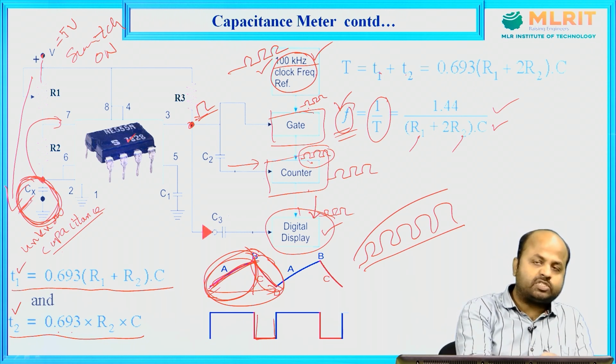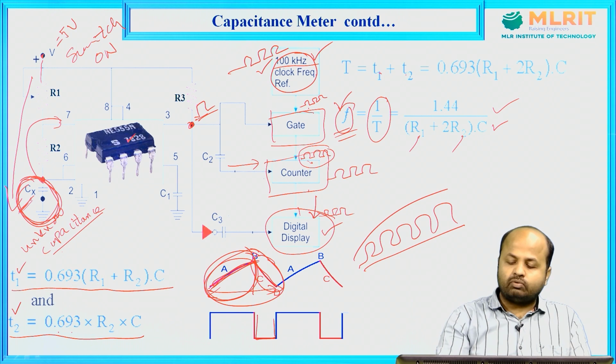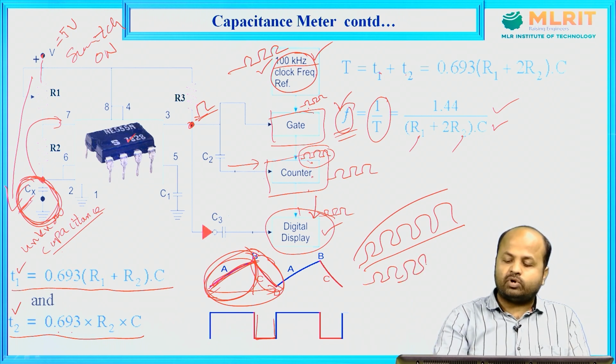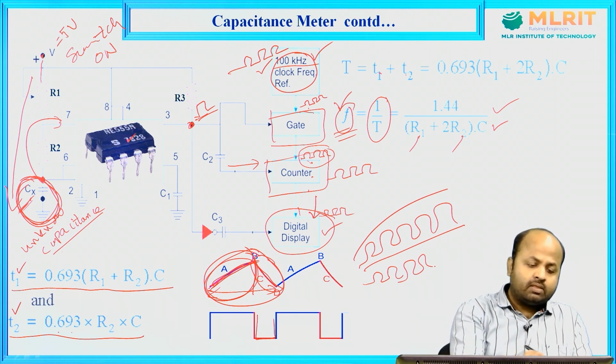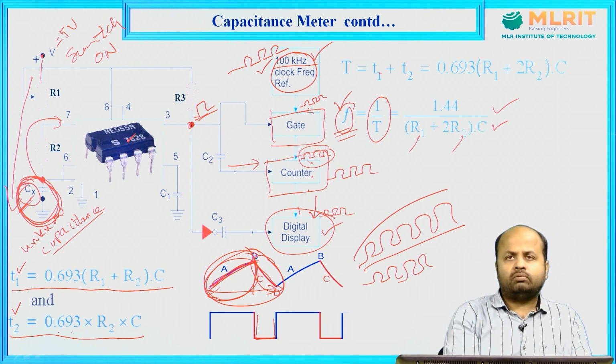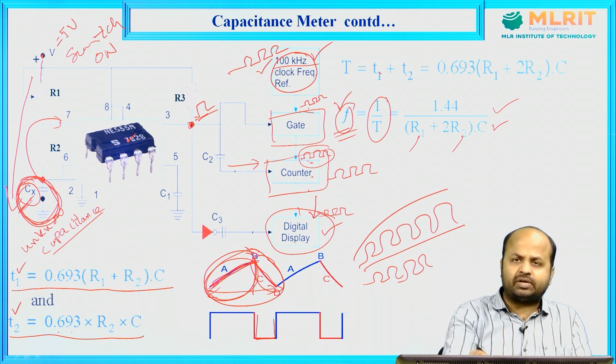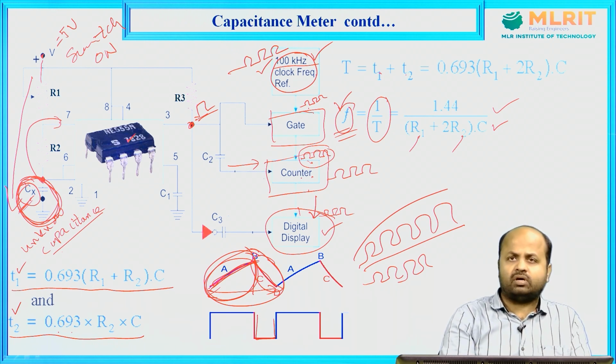Suppose your capacitance value is very low, so your counter will count fewer pulses and that value will be displayed. So the capacitance value is directly calibrated by the counter.